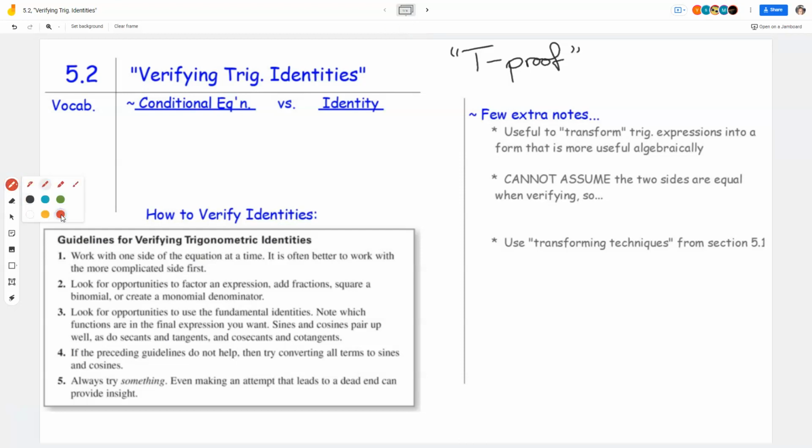Question. Why is this a conditional equation versus this, which is an identity? What's the difference? They both have equals. What's the difference? One's got a limit, maybe? One has constant. Which one can numbers change?